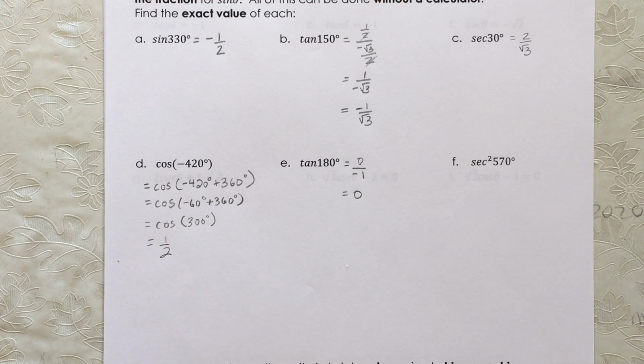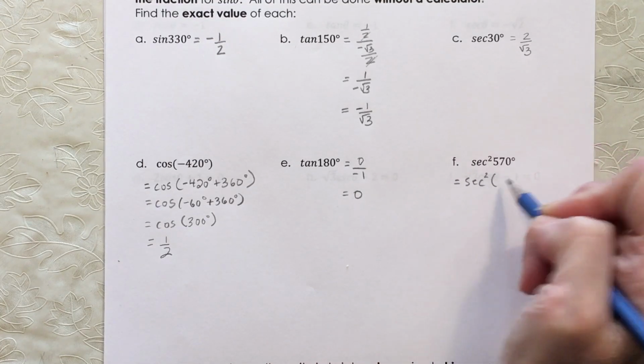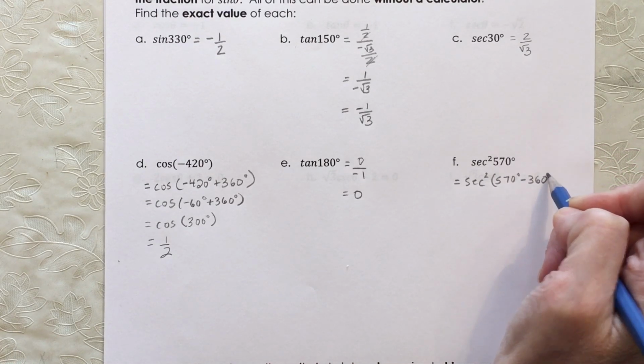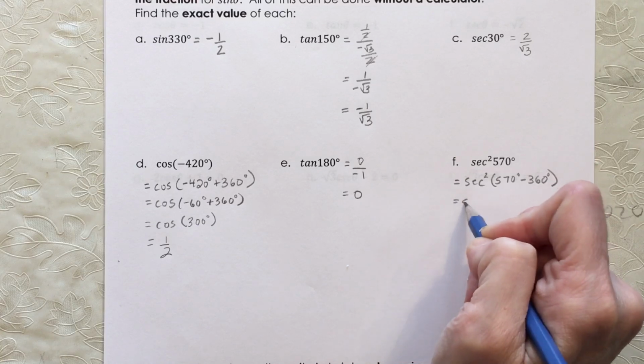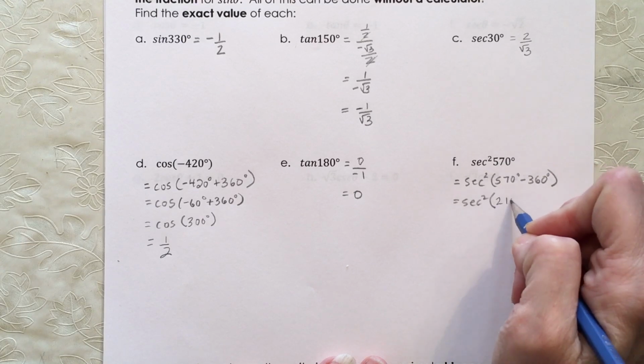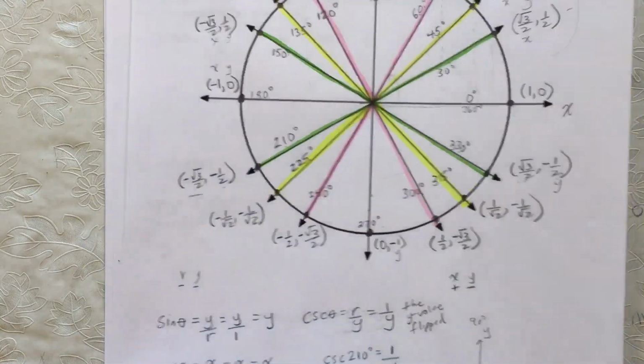Sec squared of 570, so first we're going to figure out where that is on the unit circle by subtracting 360. So 570 minus 360 is 210. And remember that it's being squared. So first of all, we're going to look at 210.